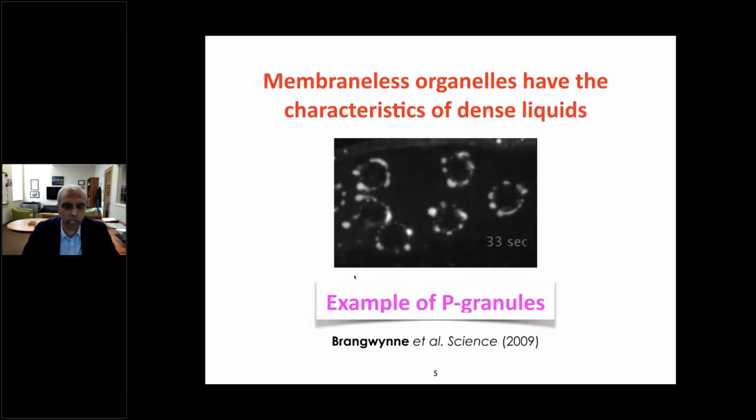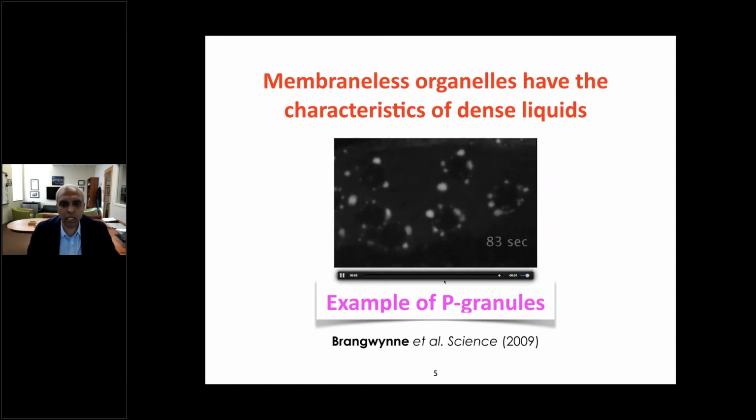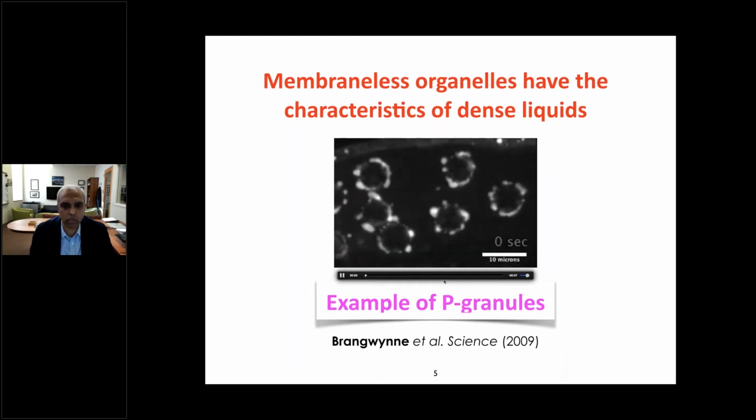The term liquid comes from observations now that are exactly a decade old, made when Cliff Brangman was a postdoc in the lab of Tony Hyman, demonstrating that P granules, which are organelles that control the asymmetric cell division in worms, basically show the properties of concentrating the key biomolecules into these puncta that are shown as bright foci, but also showing the feature of dripping and flowing and fusing that is characteristic of liquids, and also the ability of being rounded up.